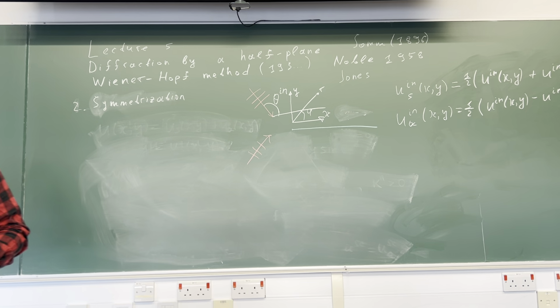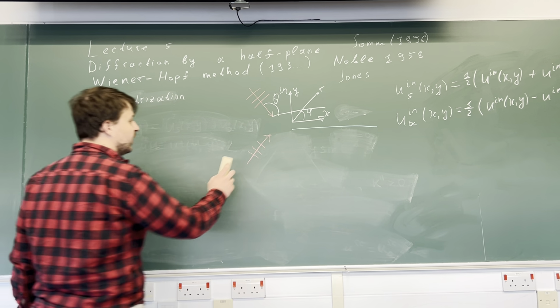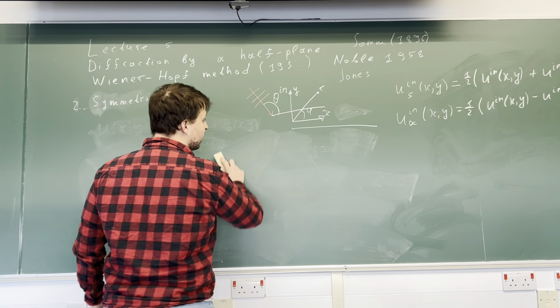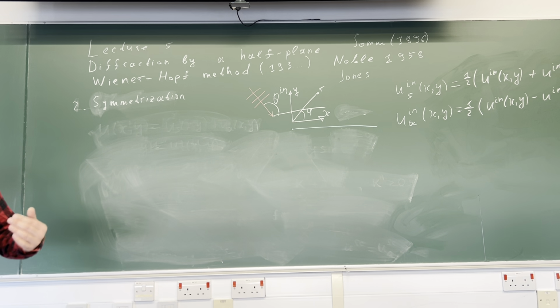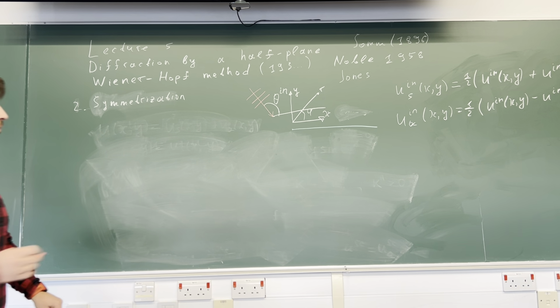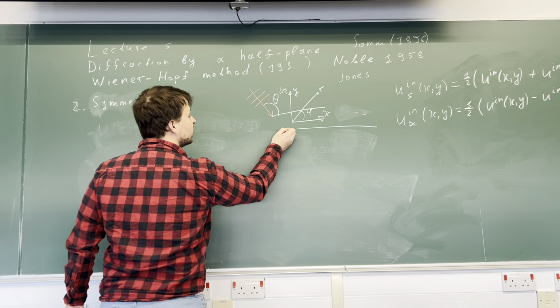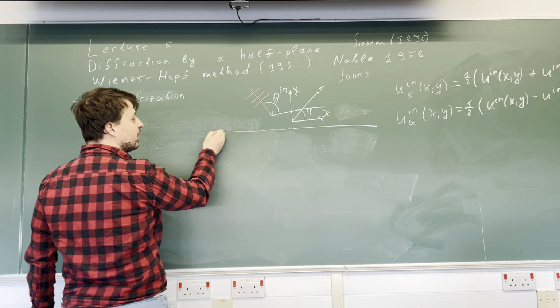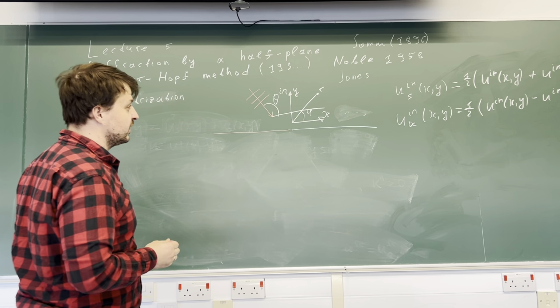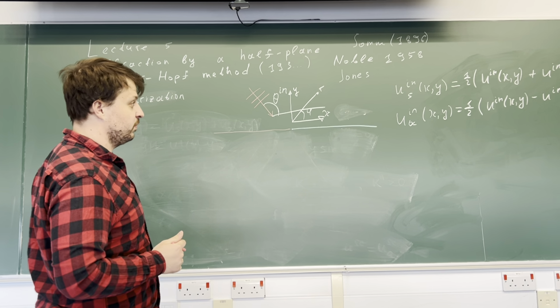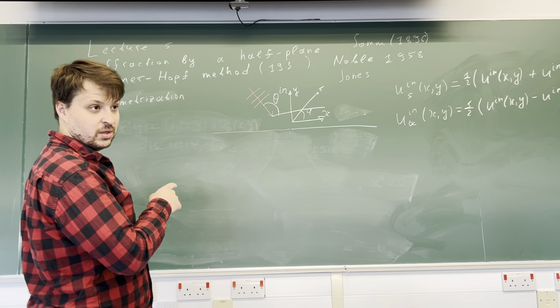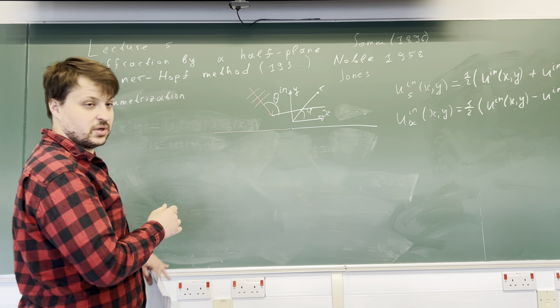So I drew this thing, but I actually removed it. I don't care what's happening there, but since I removed it, I need to put some boundary condition. And of course, since my field is antisymmetric, it should be zero at this line because of antisymmetry.